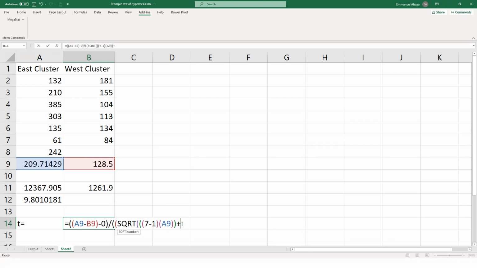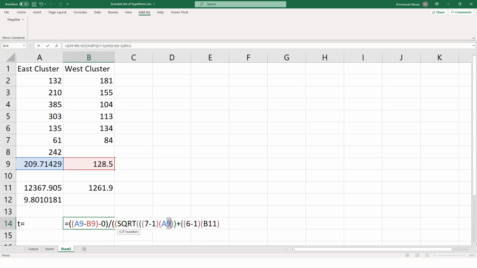In this case, we have the second group, 1, 2, 3, 4, 5, 6. So 6 minus 1 times, not the A, it should be this one, B. Okay, let's change this one. This must be B11. It should be A11.